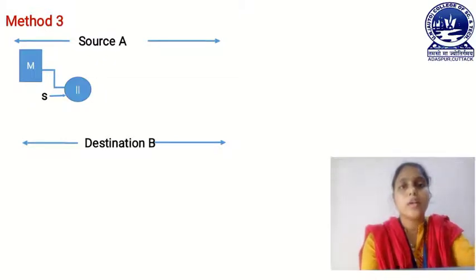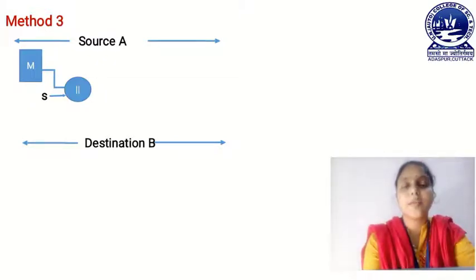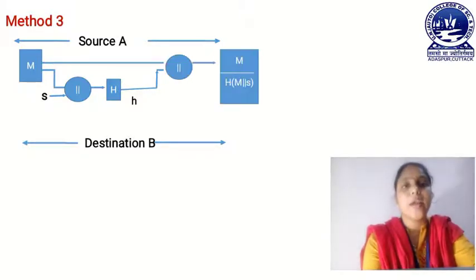Now look at here, the source A generates a message M, then it appends this secret value to the message. After appending the secret value, it applies the hash function to calculate the hash value. After calculating the hash value, again the source A appends the original message with this hash value. Now the source A sends it to the destination B.